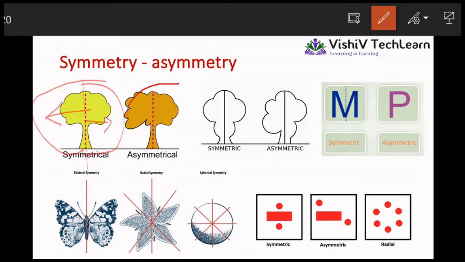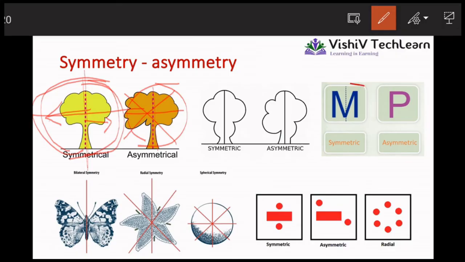In case of an asymmetric object, even if you draw any line, horizontal, vertical, inclined, anything, the object will not be symmetrical. Now in case of this first tree-shaped object, if we draw a vertical line, then only it is symmetric about that vertical line. If we draw a horizontal line, the object is not symmetrical. That is the important part you need to remember.